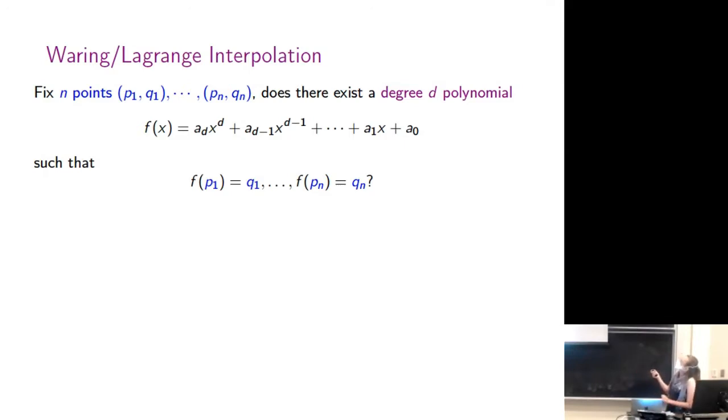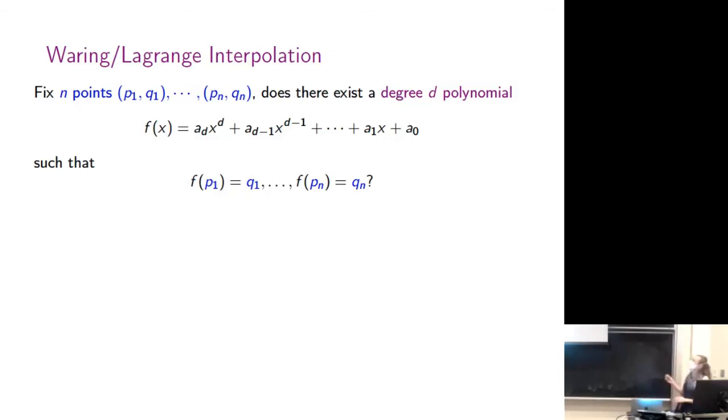And I'm going to ask if there's a degree d polynomial in one variable. Here's the general form of that polynomial, so that it sends each of my pi's to the specified output qi. So I want a polynomial of degree d that takes specified outputs on n specified inputs.